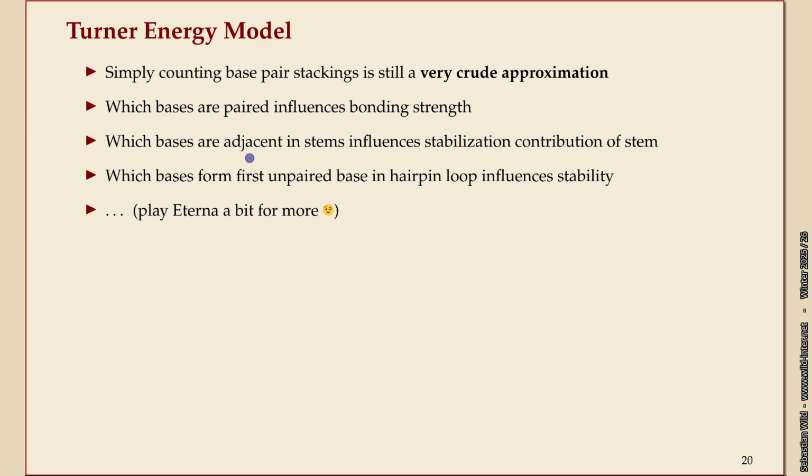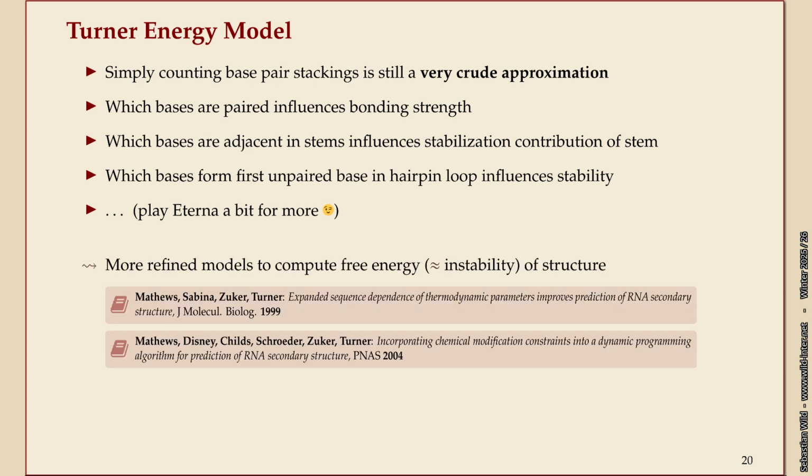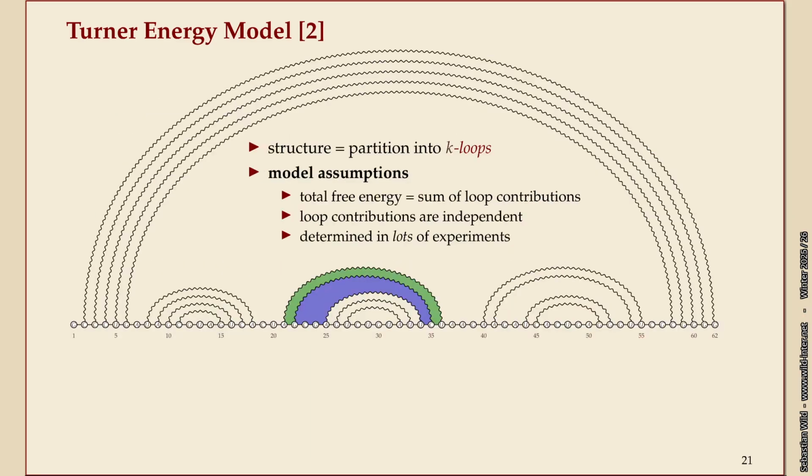And even what's in the hairpin loop can influence things. So as a culmination of a lot of lab work, they published for all sorts of structures the corresponding energy contributions, long big tables that we don't want to go through. I just want to conceptually show how they work.